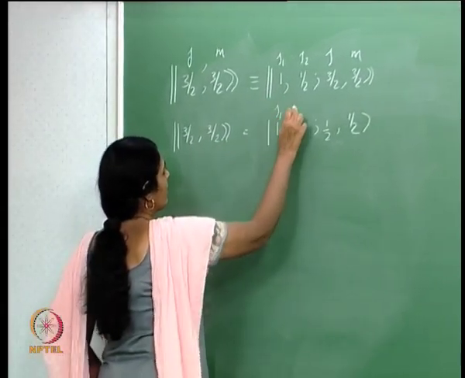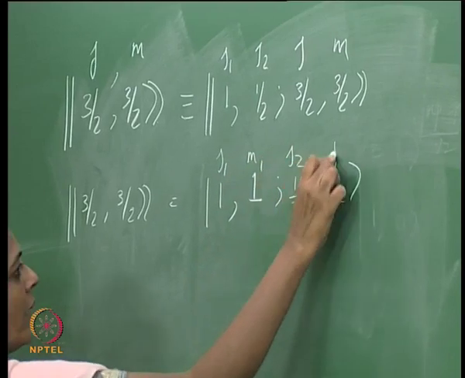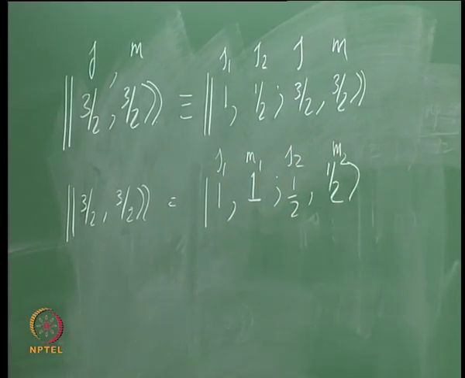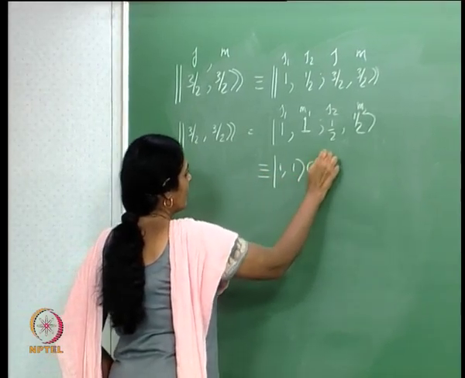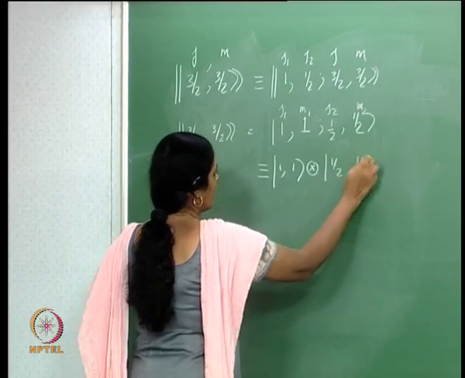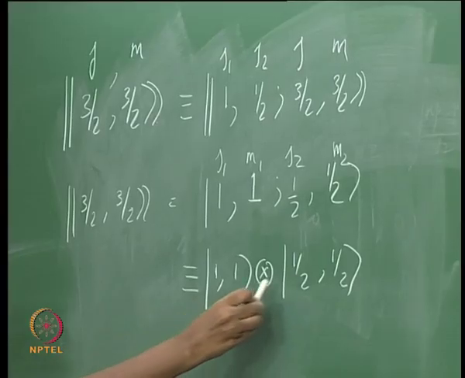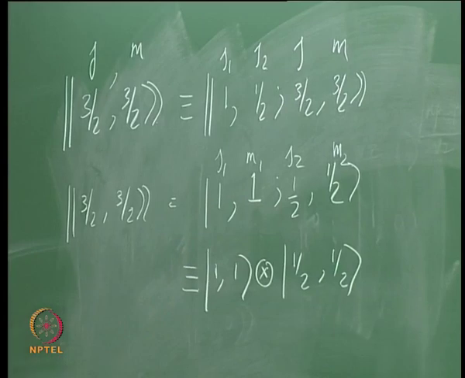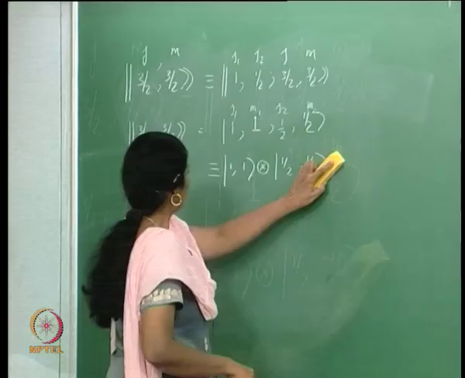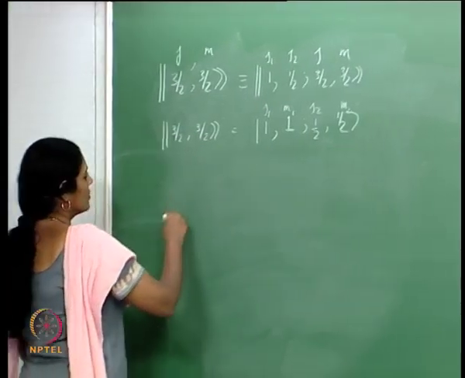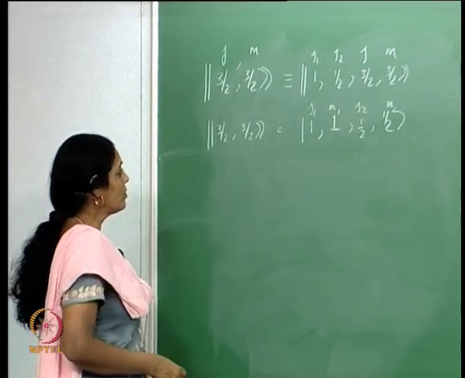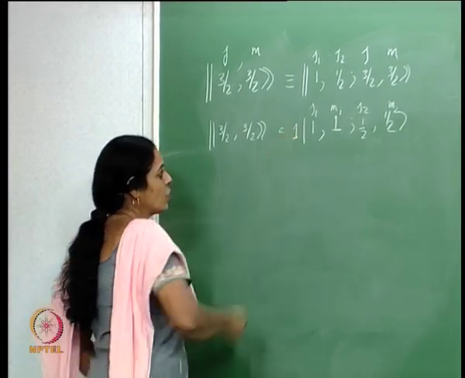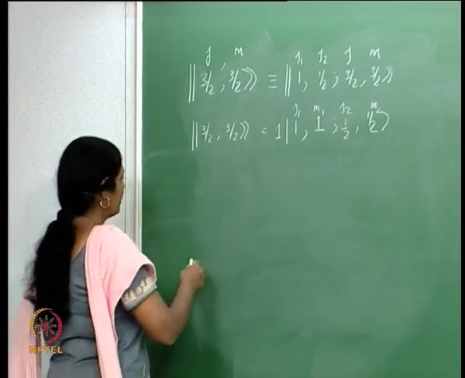This is J1 m1 J2 m2. Of course, by this I mean the following: J1 m1 J2 m2, but I am going to use this as a simple way of writing it. So this is a stretched case. There is no other way I could have got 3 by 2, 3 by 2, and therefore the CG coefficient is 1, and that is a stretched case.